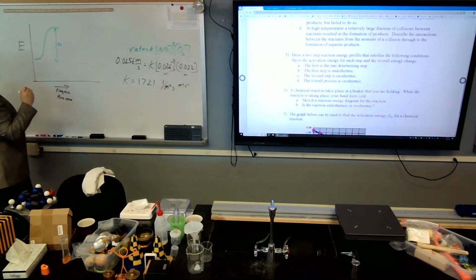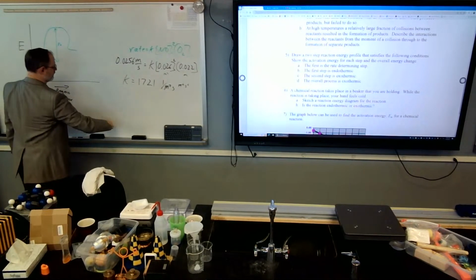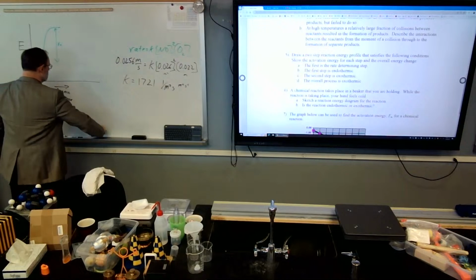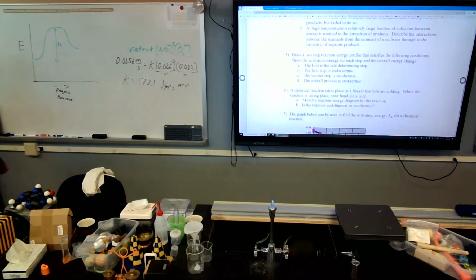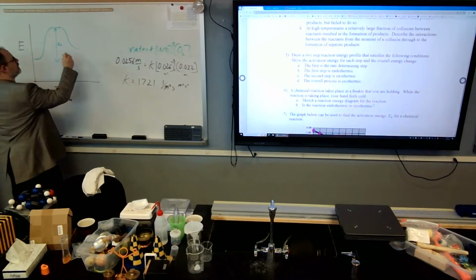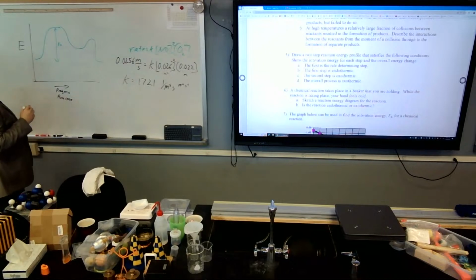And it says the first one is endothermic, so let's stop right there. Ooh, that's bad, I'm going backwards. There we go. Second step is exothermic, so we can go down.